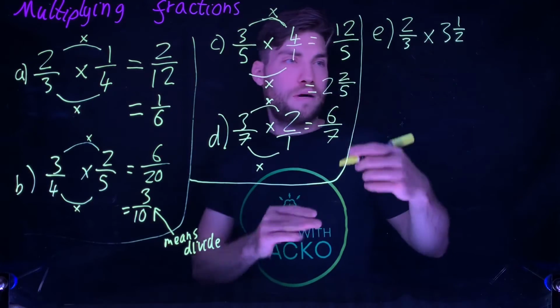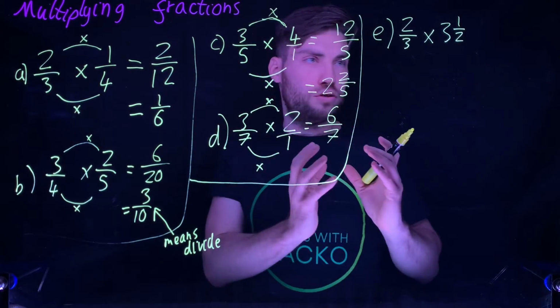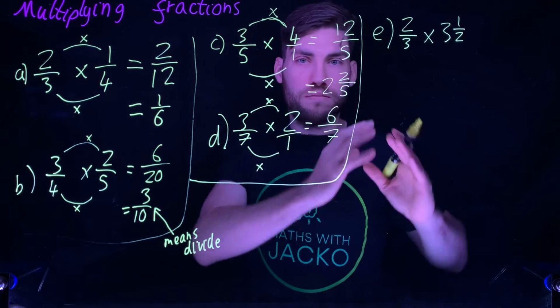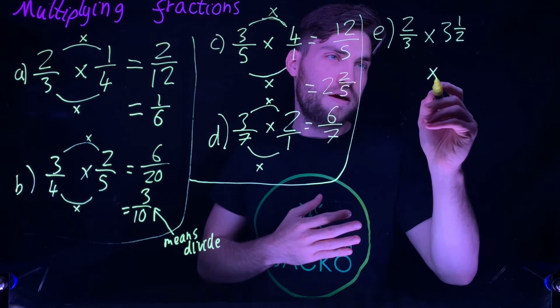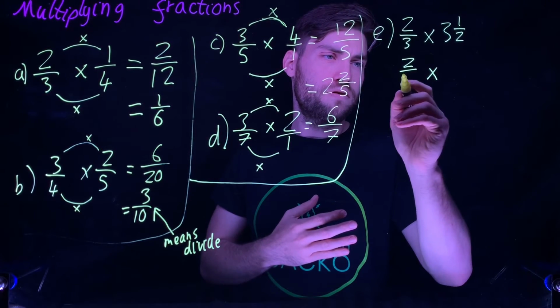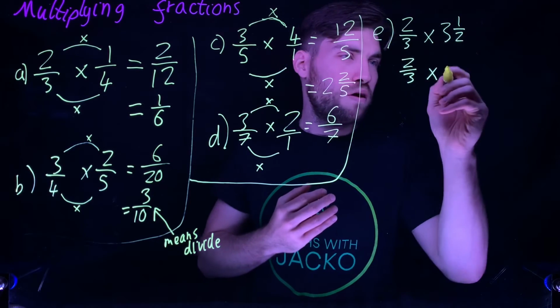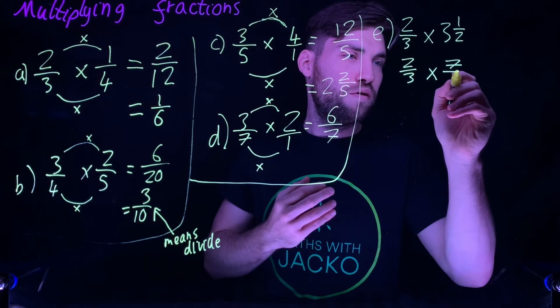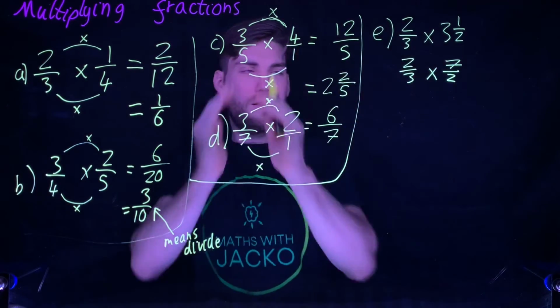Right, this time I'm going to go through the steps on this one. So what I'd always say to my students is any mixed numbers, convert them to improper fractions first. So you keep the multiply here, keep that as 2/3 even. So 3 times 2, add 1, that'll be 7/2. And now this looks something like this.